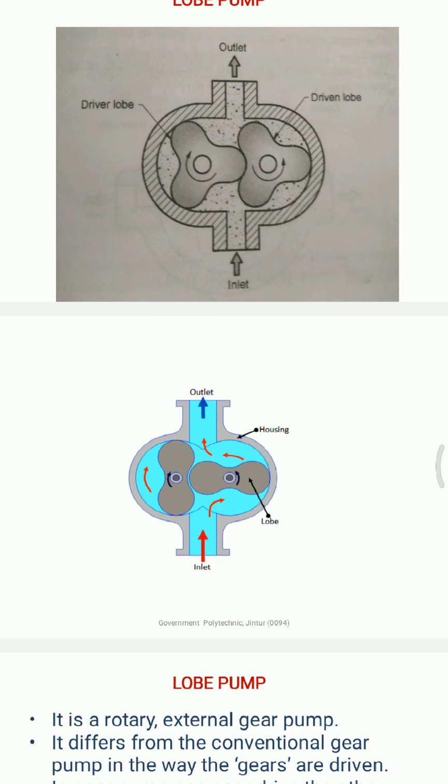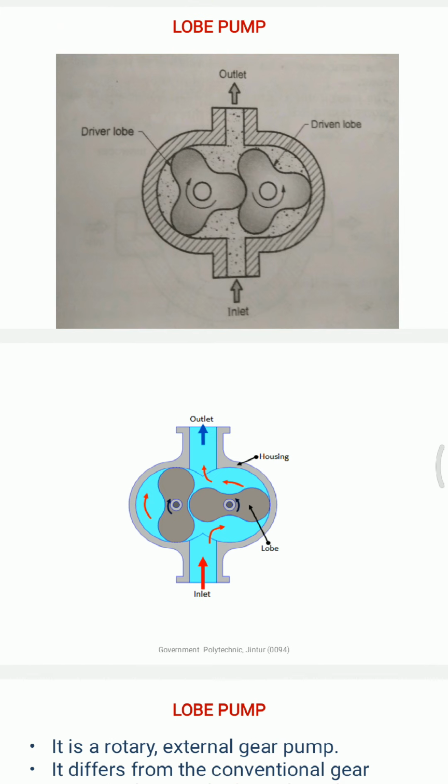There are these two types of lobe pump. When the lobes rotate, the gap between the lobes increases and suction occurs, and when the gap between the lobes decreases then delivery occurs, and that is the outlet of the lobe pump.